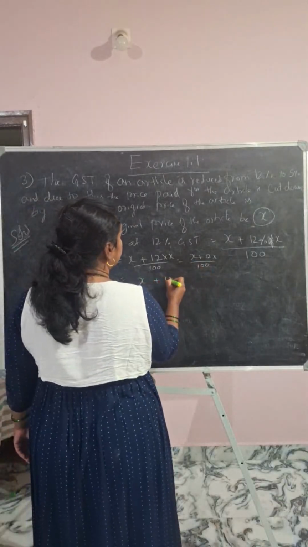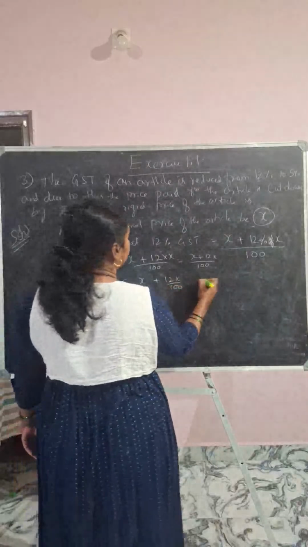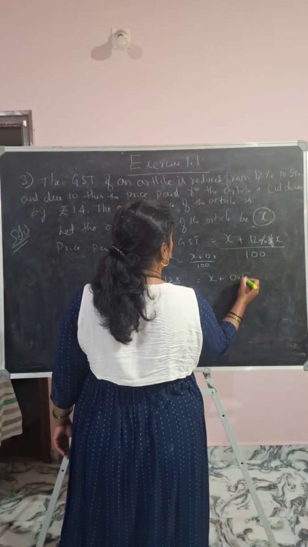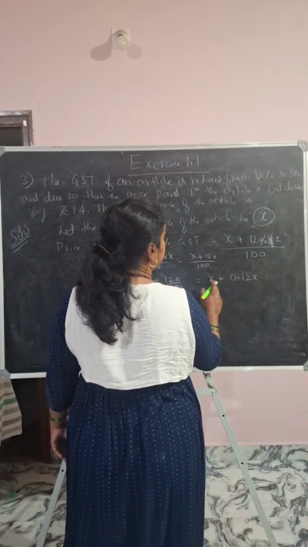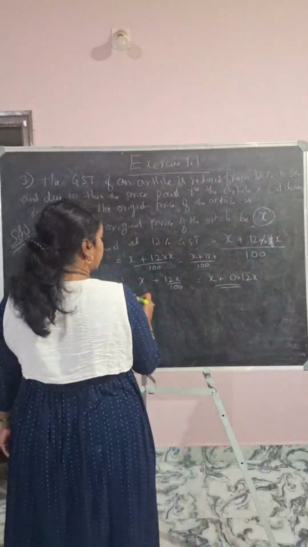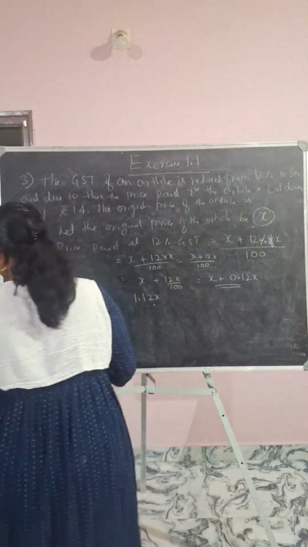X plus 12X divided by 100 means X plus 0.12 of X. That means if we add these two, we will get 1.12X.